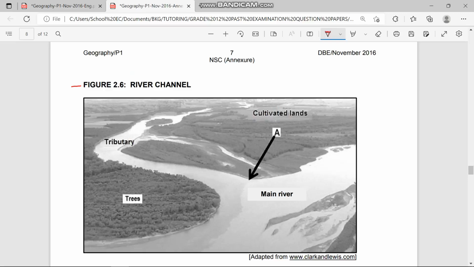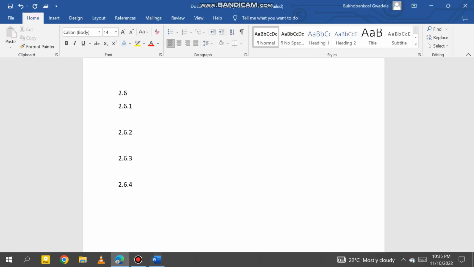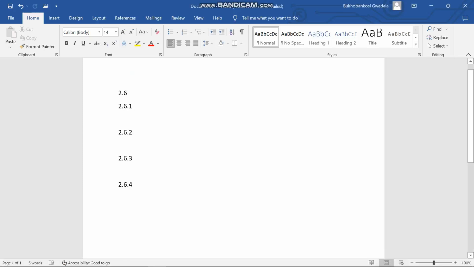Also you can see that the river is relatively wide, meaning that lateral erosion is dominant there. So let's just write 2, because we said we must write 2, so we're going to choose which is which.